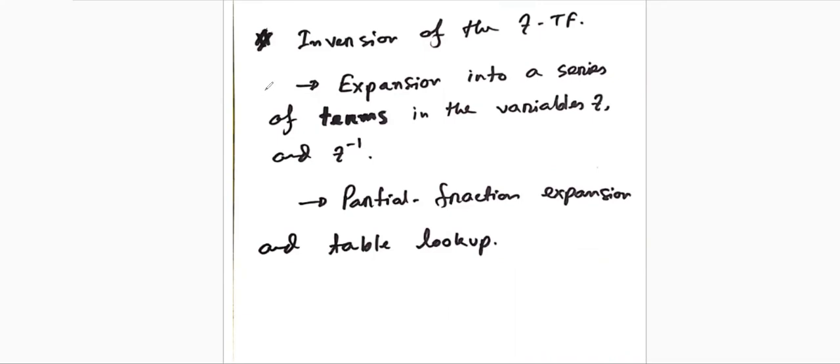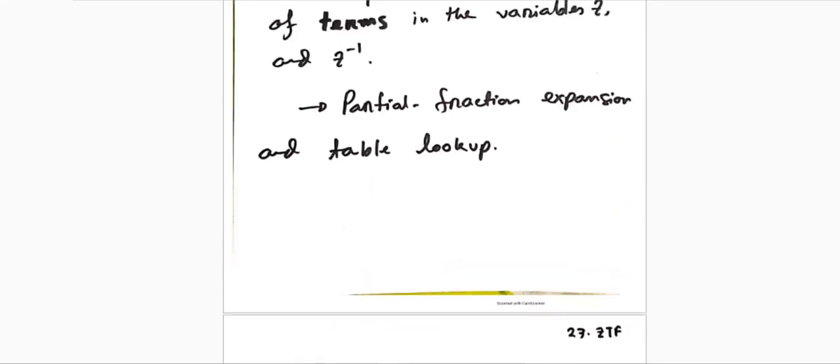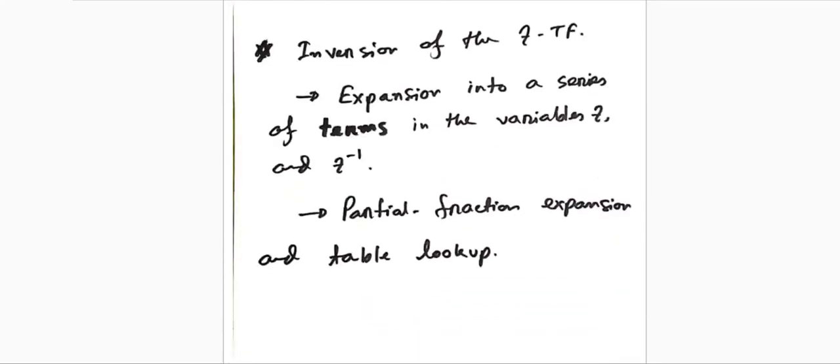This is number one. Number two is the partial fraction expansion and table lookup. To see the table, we can find it. And there are some other methods as well. We will go through these two different methods in the subsequent sections.